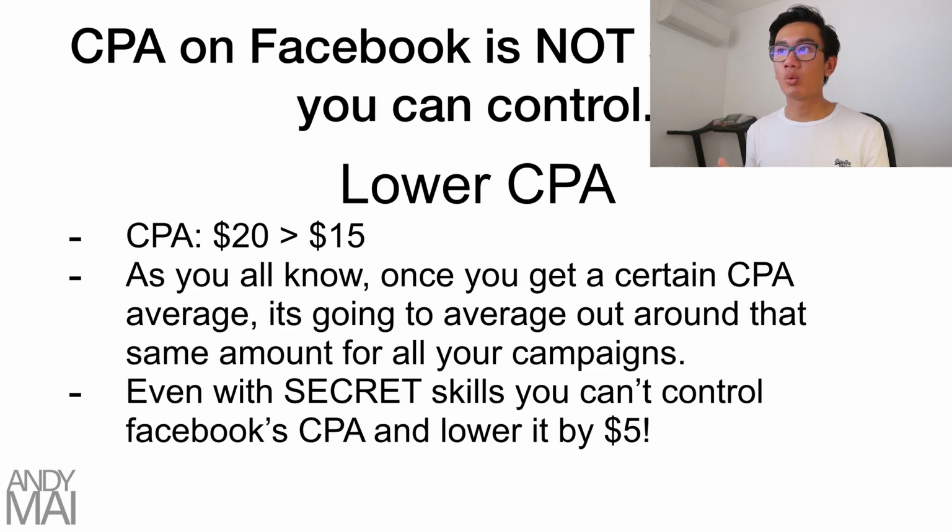Like, as you all know, once you obtain a certain CPA average, it's going to average out around the same CPA for all your campaigns. Even with secret skills, you can't control Facebook CPA to lower it by $5. If a product is having a cost of purchase of like $20, you might scale it, gain more data, maybe run some awesome lookalike audiences, and on average, with all your losing lookalike audiences that you killed and all your winning lookalike audiences, you probably average around a cost per acquisition of $17, $18 at the lowest.